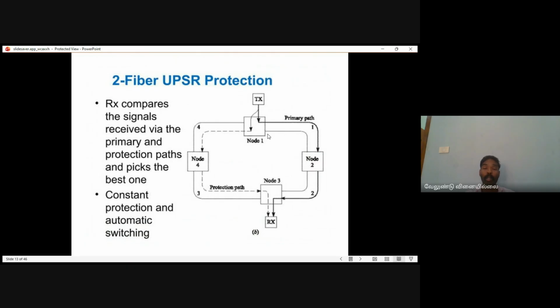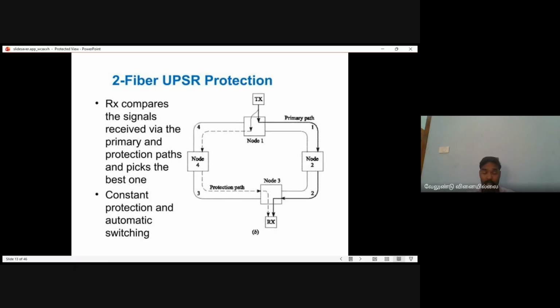So depending upon the traffic, the path will be switched over. The transmitter has the solid path or dotted line path. There are 2 paths there. It depends upon data availability, data congestion, and data traffic. Automatically it switches to either the primary path or protection path.